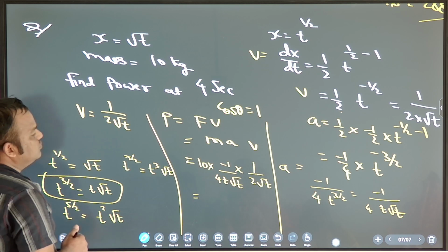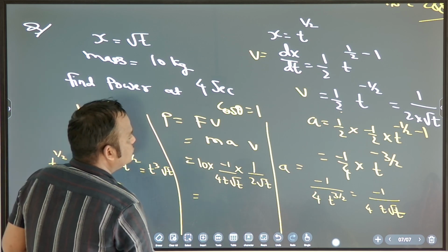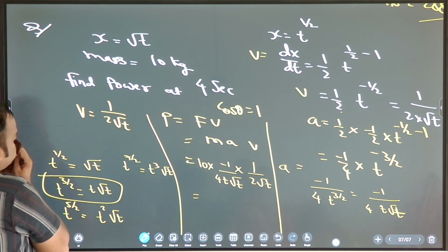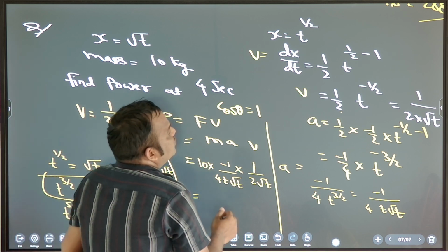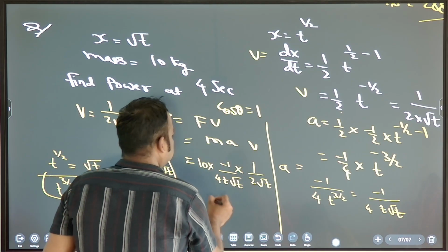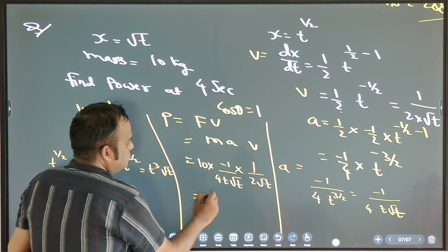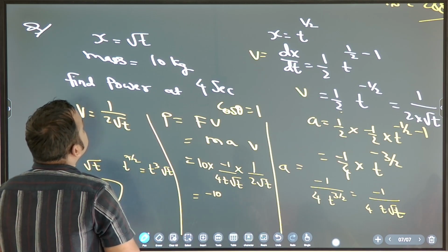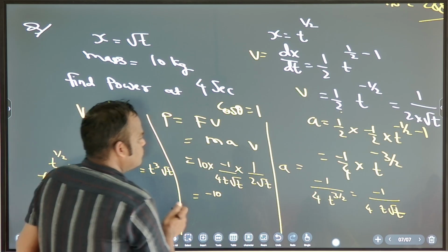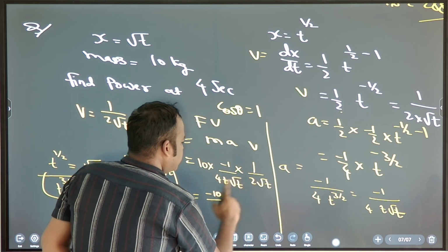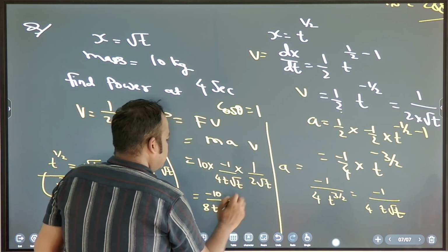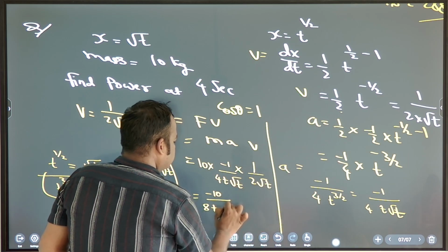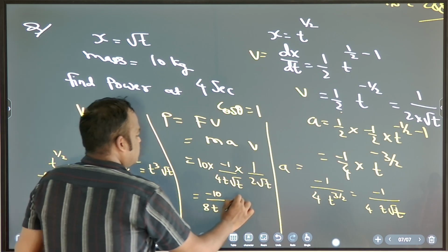Minus. So minus 10 by 8 t, and root t into root t will be t, correct?